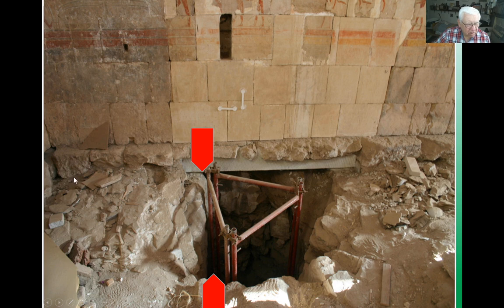As you see, stones were left, specially prepared for making a flat surface, foundations for the wall of the chapel of Hatshepsut. You see, this block is thicker here, then it's thinner, and the next goes in the same direction. So because of this preparation of the surface, there was a chance to build a very well preserved, up to now, wall of the chapel of Hatshepsut.